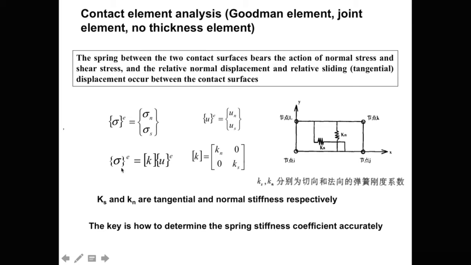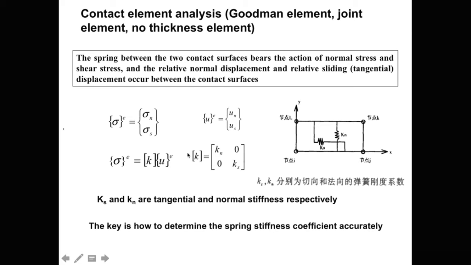Then we can create the stiffness equation: stress equals the stiffness matrix times the displacement vector. And this stress and displacement belong to one element, so we use the superscript E here.